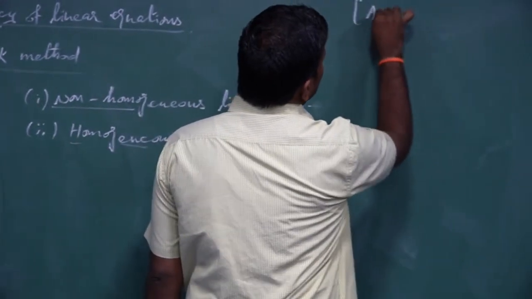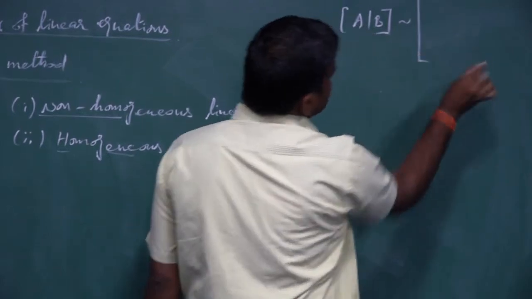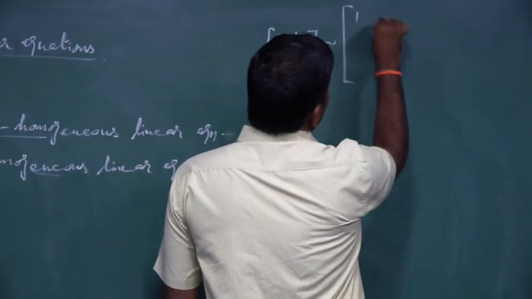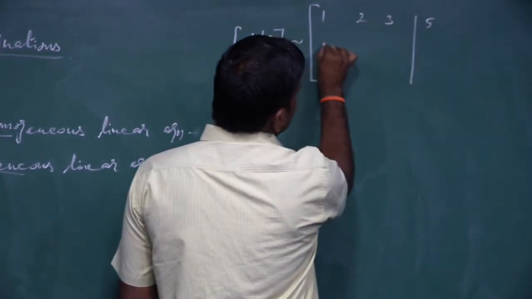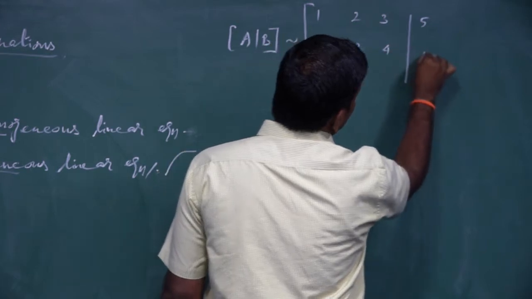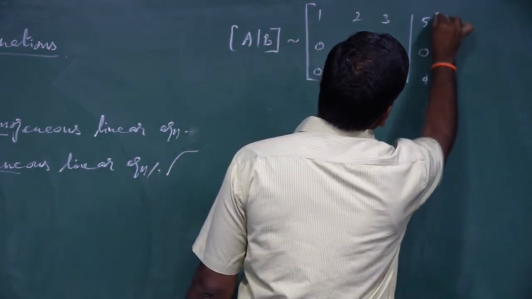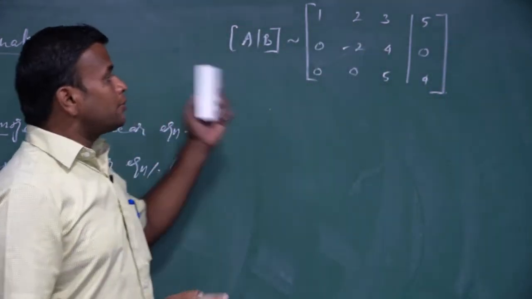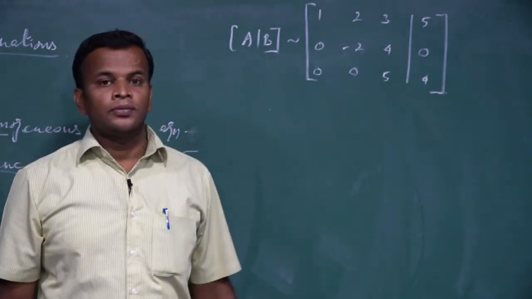Suppose the augmented matrix A by B is converted into echelon form: 1, 2, 3 and this element is 5; 0, minus 2, 4, 0; 0, 0, 5, 4. Suppose I take one augmented matrix in echelon form.